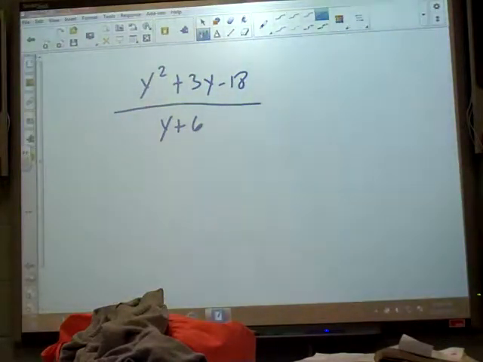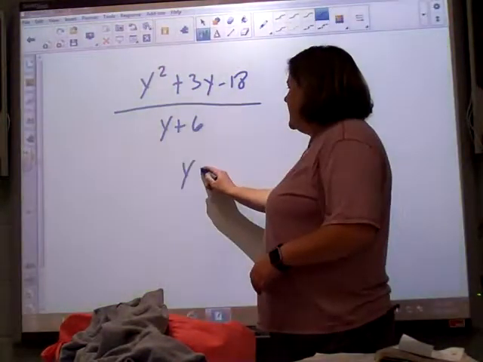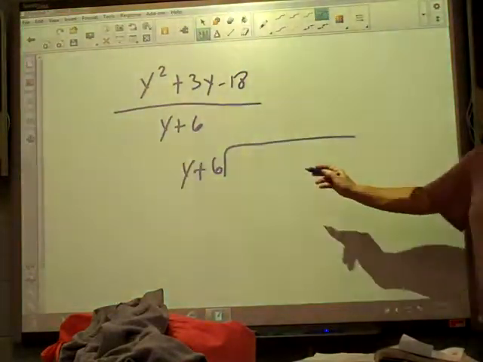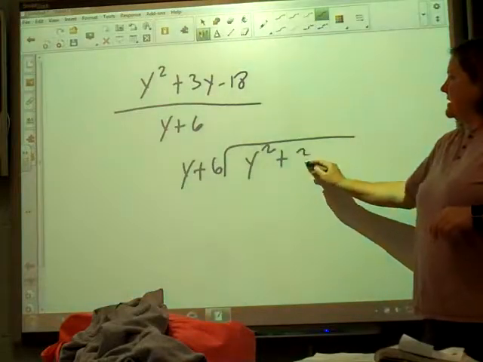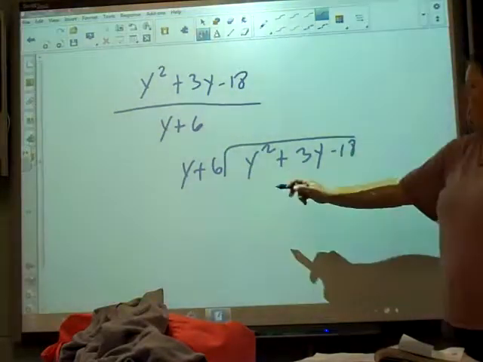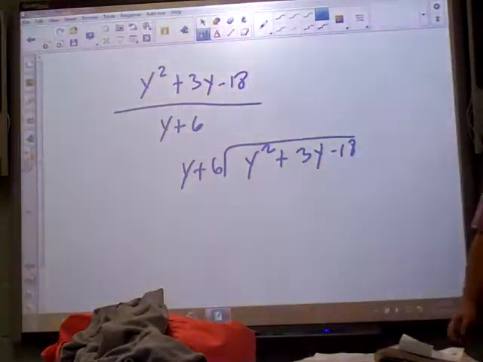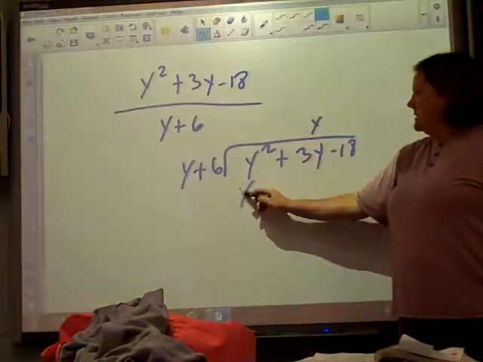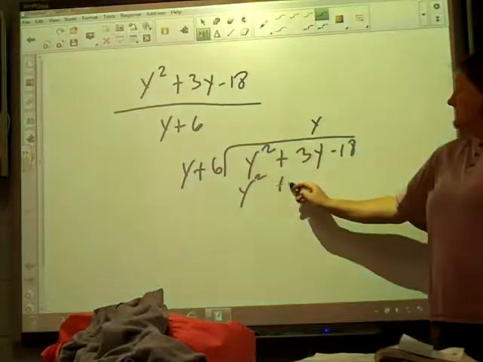I'm going to do long division since I picked on Caleb, and that's what he chose. You did synthetic. As long as we don't mess up, we'll still get the same answer. Didn't need zeros. All right, y times what gets me y squared? Y. So we just put a y up there. Distribute it to both of these. It's y squared plus 6y.